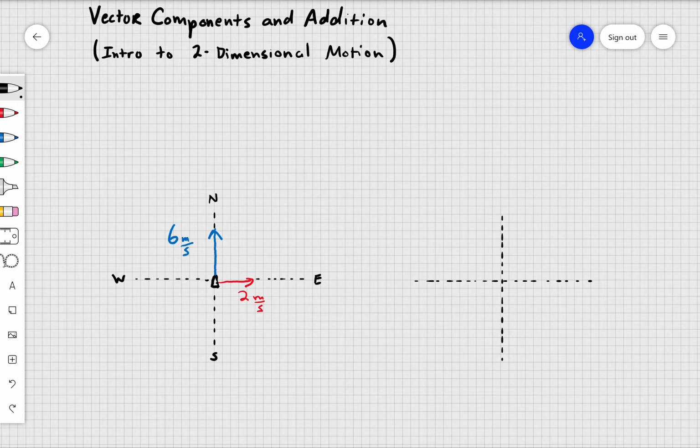So if we want to determine the velocity of this boat, it can't go in two directions simultaneously and remain intact. How we resolve this is we add these two velocity vectors. The addition of vectors can be done graphically or algebraically.